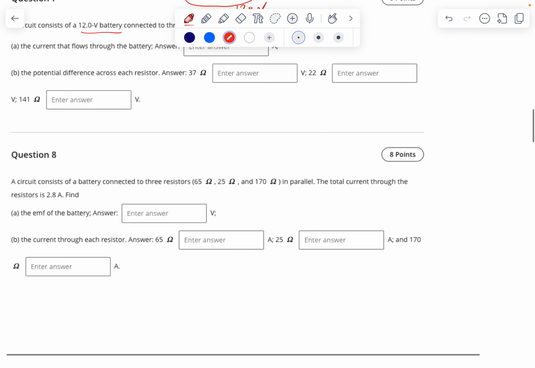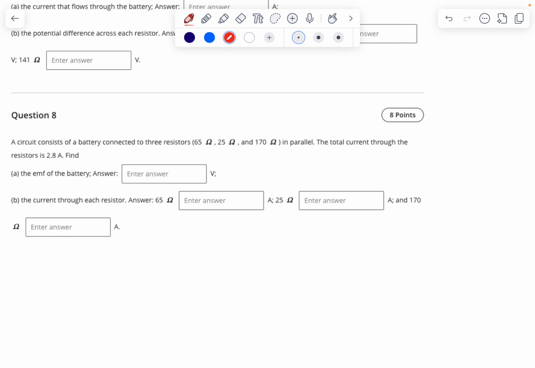All right, number 8. A circuit consists of a battery connected to 3 resistors in parallel. So this is 1, 2, 3. All right, so 65 ohm, 25 ohm, and 170 ohm, in parallel.